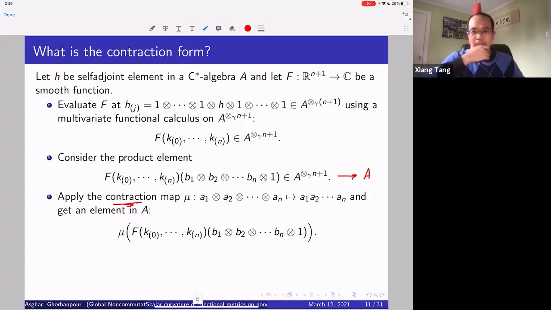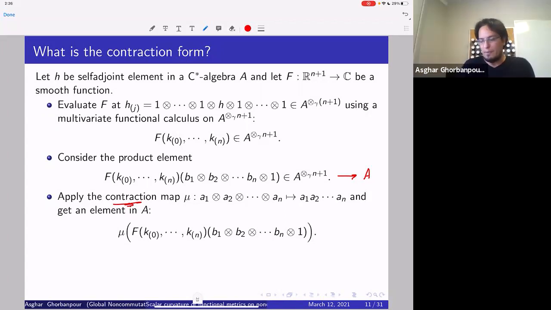Yes, so we need to do one step of contracting the element that we found, the tensor powers of A, and go back to A. We started with A, we applied that functional calculus, and we found some element in the tensor. Now we want to go back. The reason that we went there was that we wanted to make sense of this product here.